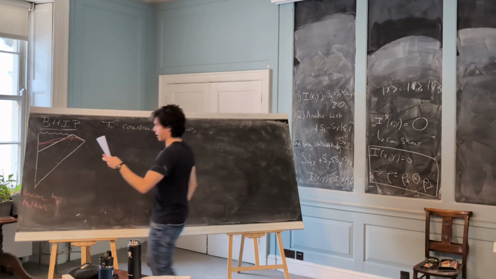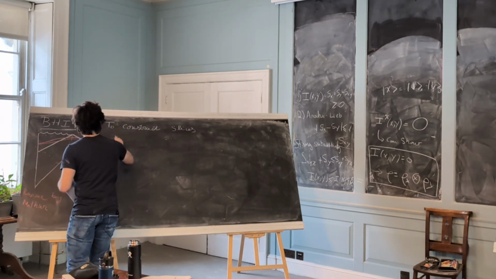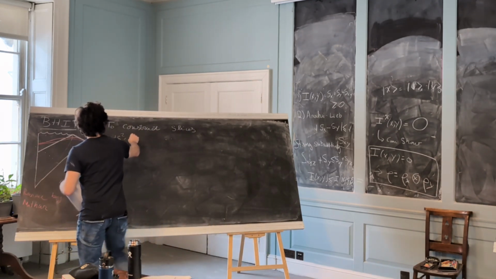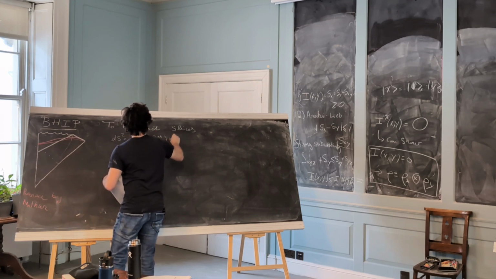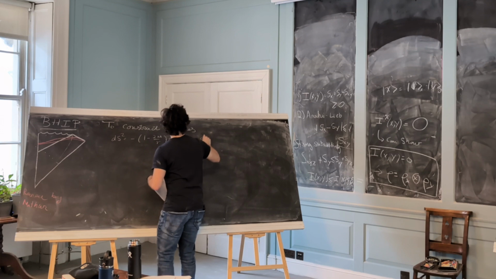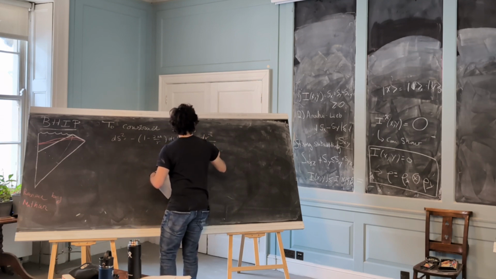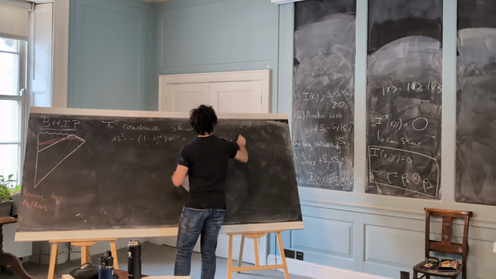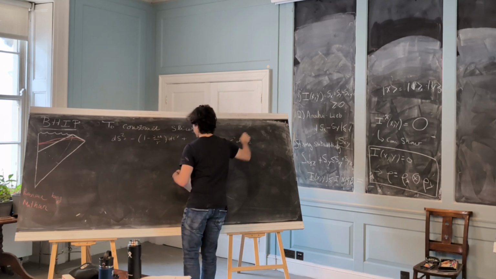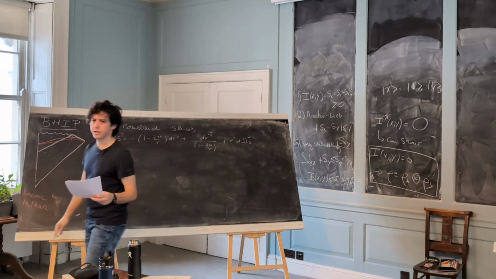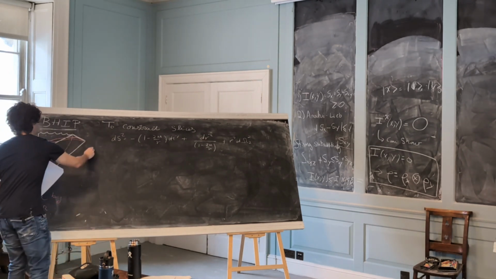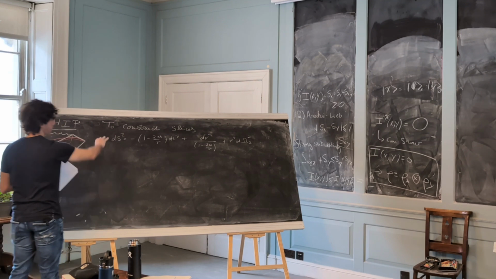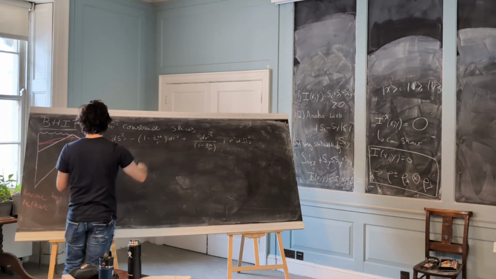The metric is the one that you know and love. And remember, the black hole horizon is at R equals 2m. So outside of the black hole, we're going to take this to be our metric.